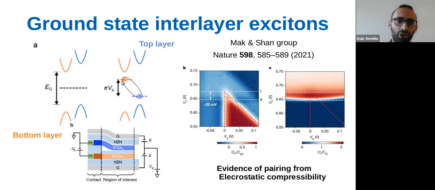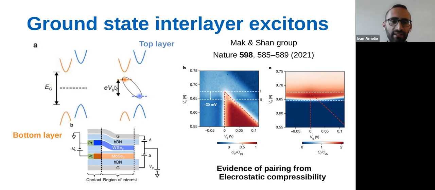So we create correlated particle pairs, and this can lower the energy. So somehow, at least in the BEC regime, this phase can be seen as a ground state, a quantum gas of interlayer excitons.